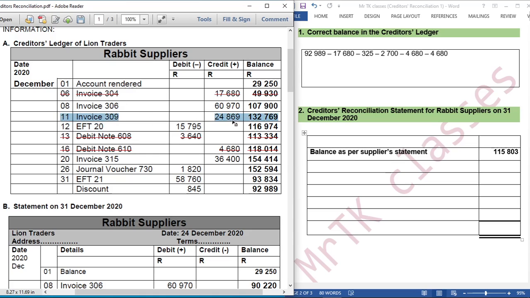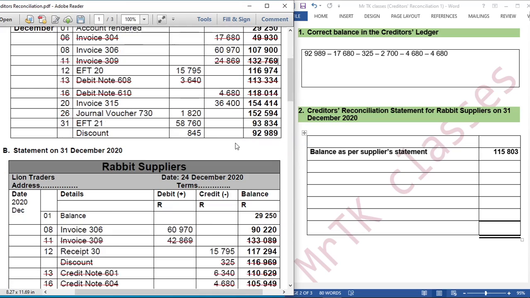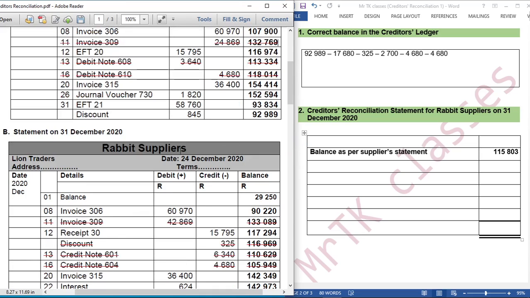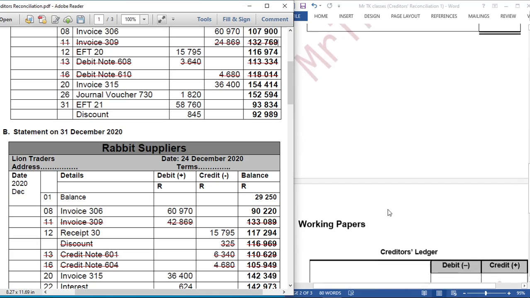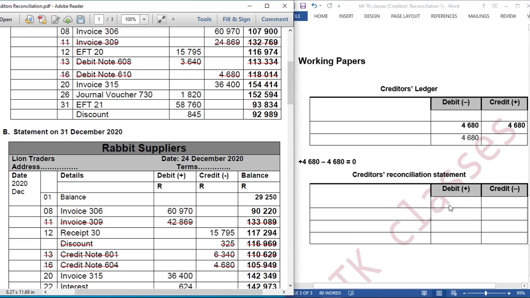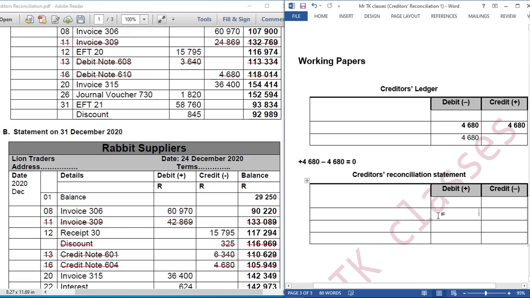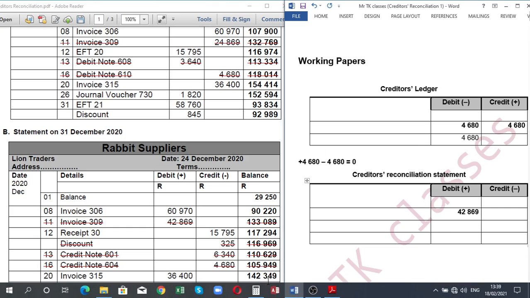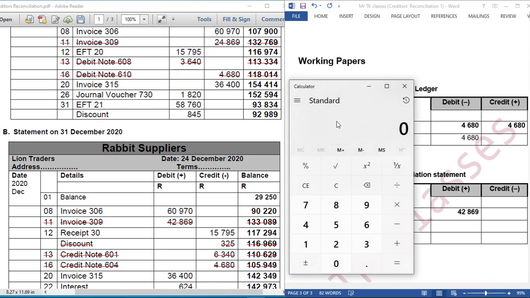We can see that the amounts recorded are different, and Rabbit Suppliers made an error, which means Rabbit Suppliers should have recorded 24,869, but they recorded 42,869, which means that the amount is overstated, right? Let us come to our working papers. This invoice is overstated. So it is overstated by what?